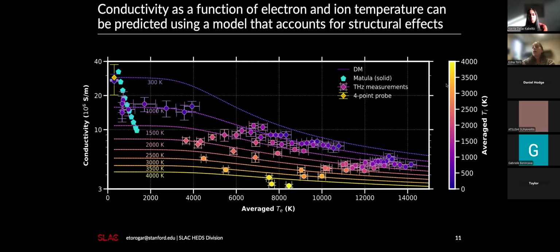And now what you can see on the solid lines is the model that we have created for the scattering converted into conductivity. And you can observe that especially when the system is cold, the model matches really well to what we are expecting for conductivity, which shows that in order to understand the system, we need to account for grain boundary scattering from the beginning, right?